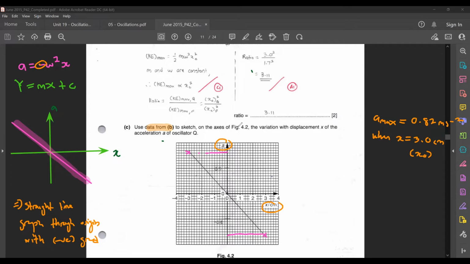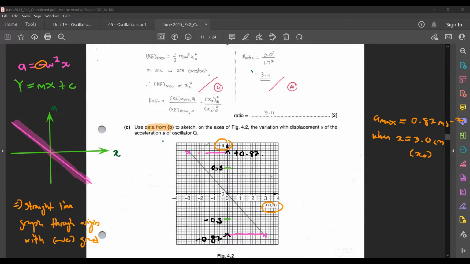So try to draw the thing to scale. You can say that this one is 0.5, this one is negative 0.5. So this one here would actually be positive 0.82, and this one will be negative 0.82.